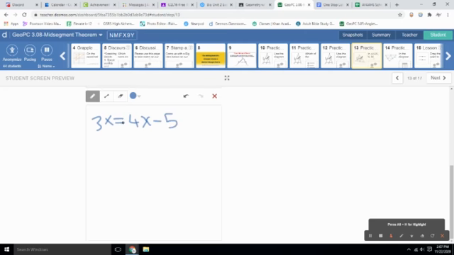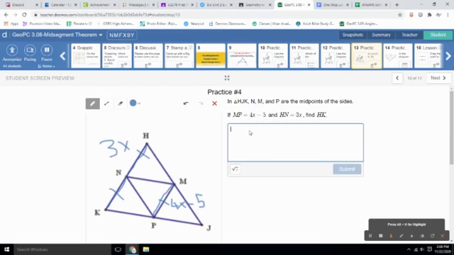We can go ahead and subtract 4x from both sides. That would leave us with -5 and -x. As a result, x would be equal to 5. Okay, so x equals 5.